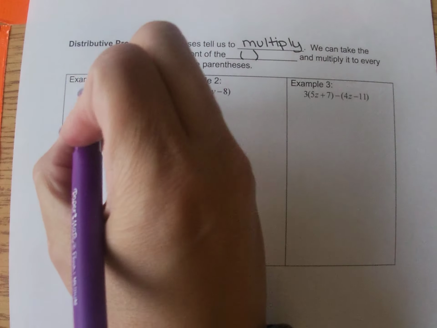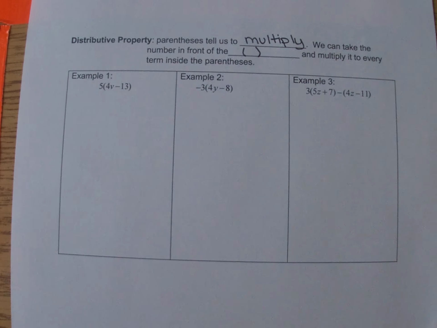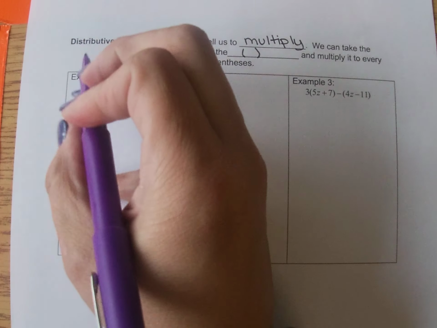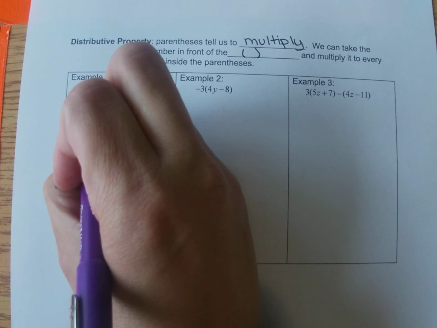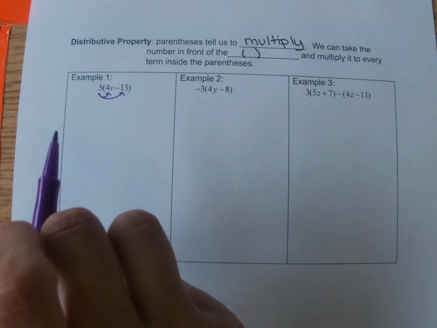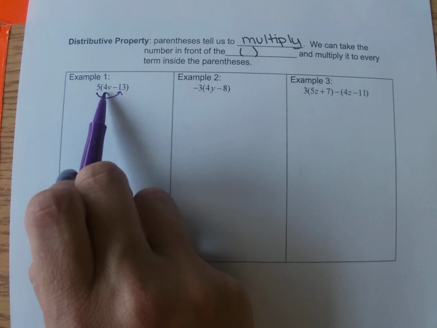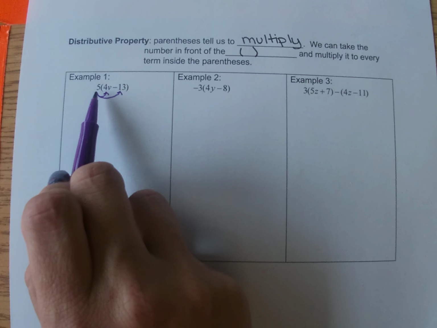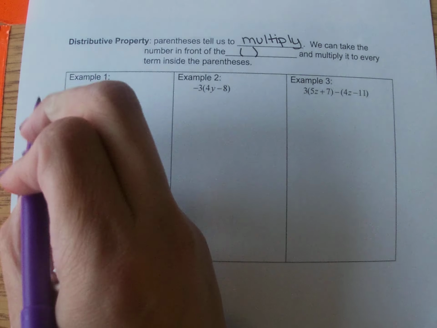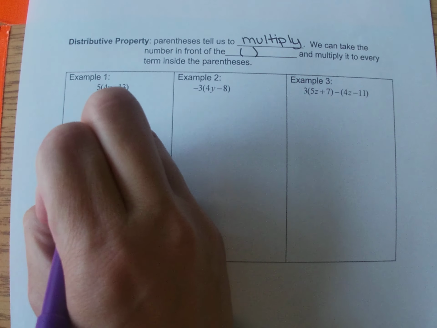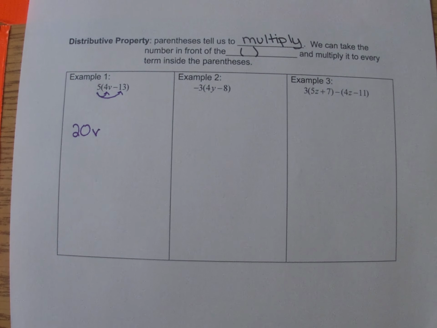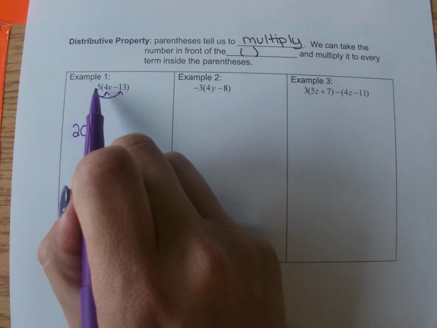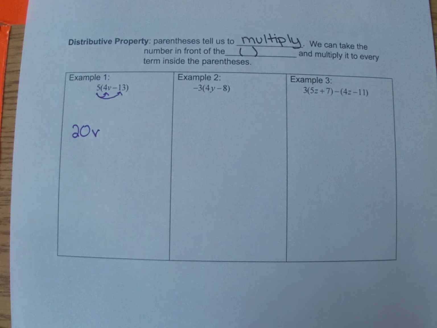Okay, so if I look at this first example, my 5 is sitting in front of the parentheses. So I'm going to take that 5, and I want to multiply it to both the 4v and the negative 13. So I'm going to say 5 times 4 is 20, and that v goes with it. Okay, then I'm going to say 5 times negative 13.